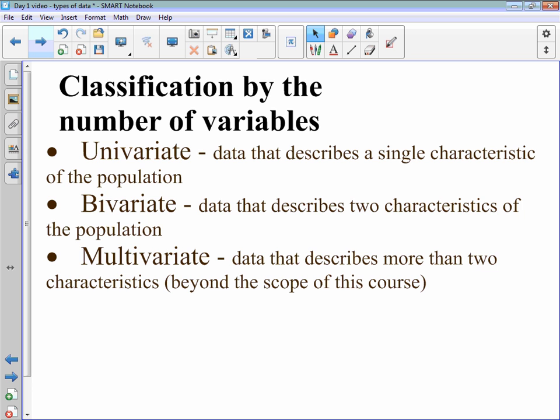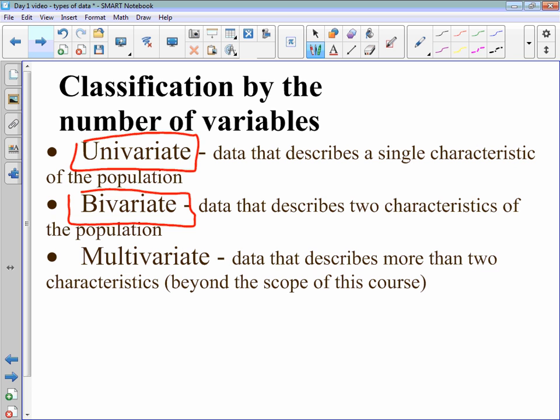Lastly, we need to talk about different things by the number of variables we're measuring. So if we're just measuring one variable, we call that univariate statistics. And we'll be doing this until about February. It will be univariate statistics for the most part. Then we'll get into bivariate data eventually, and you've done this.